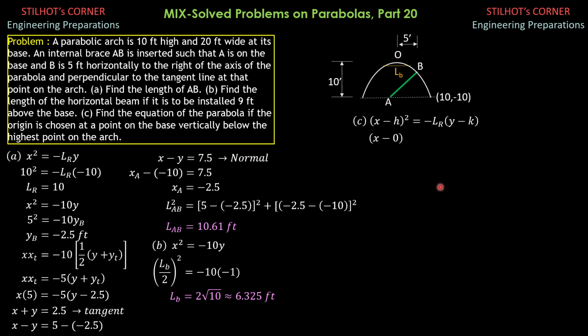So substitute here, x minus 0 square equals negative LR times quantity y minus 10. So that would be x squared equals negative LR times quantity y minus 10.